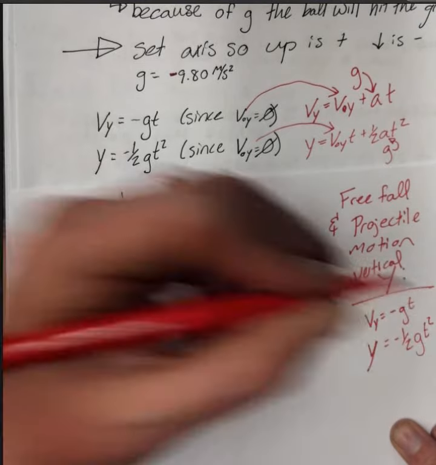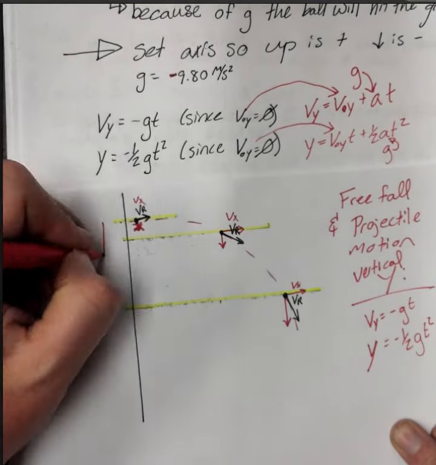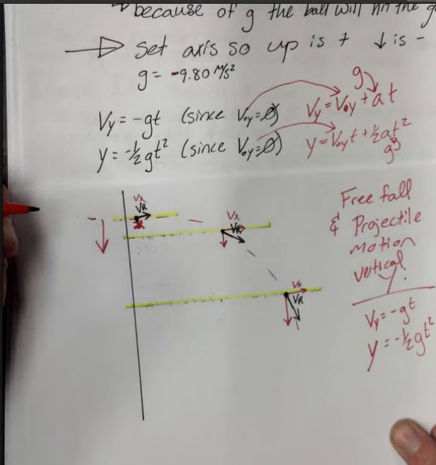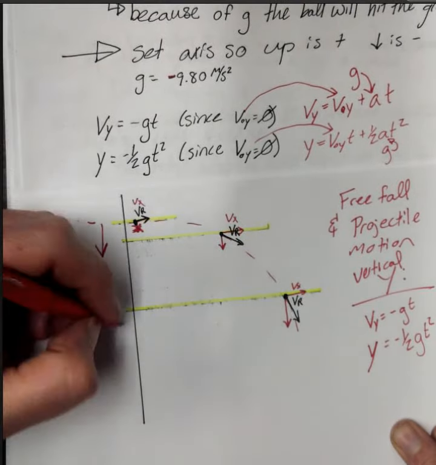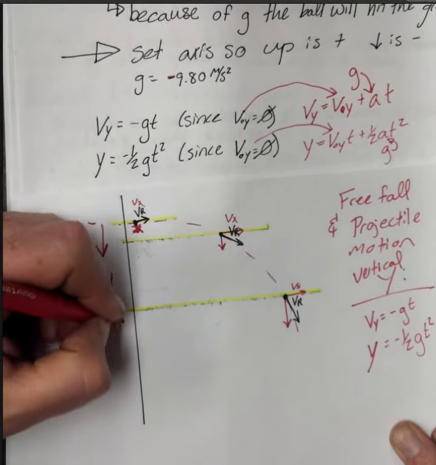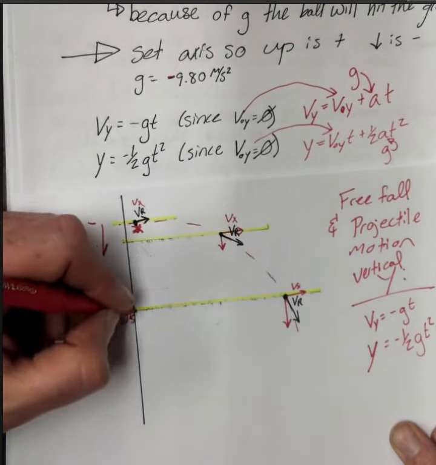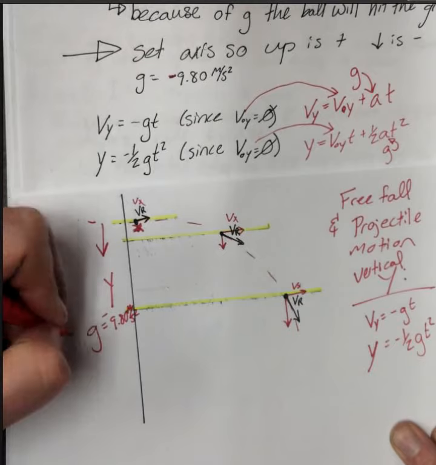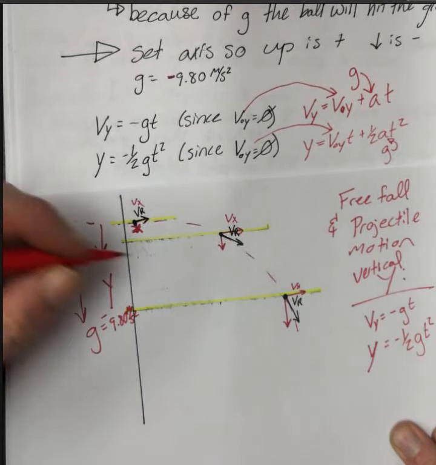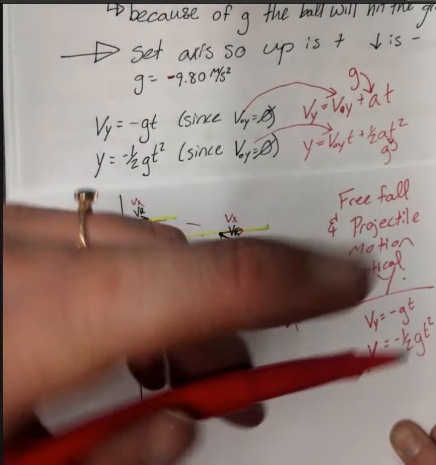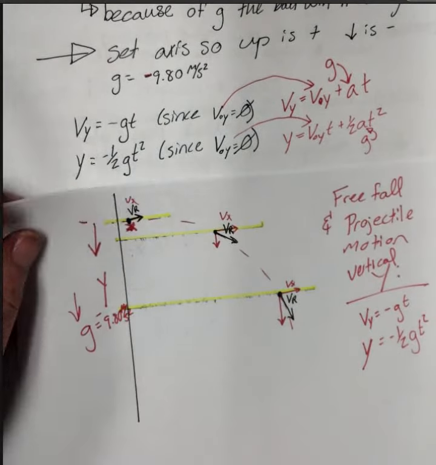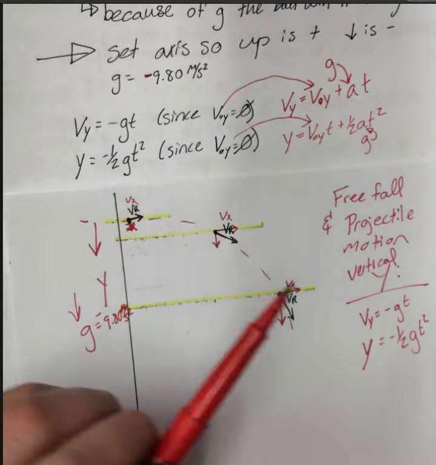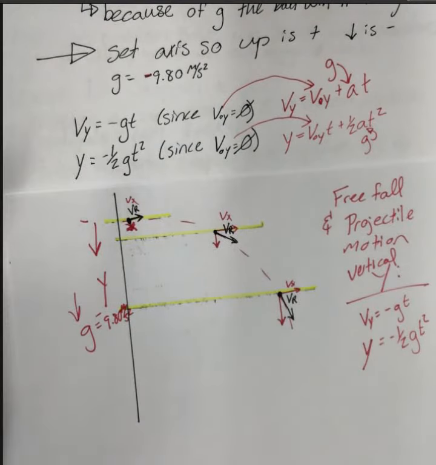As long as down is negative, this is the y-axis, and g equals 9.80 meters per second squared, and it's a negative value because it's going down, these equations are going to be true every single time.